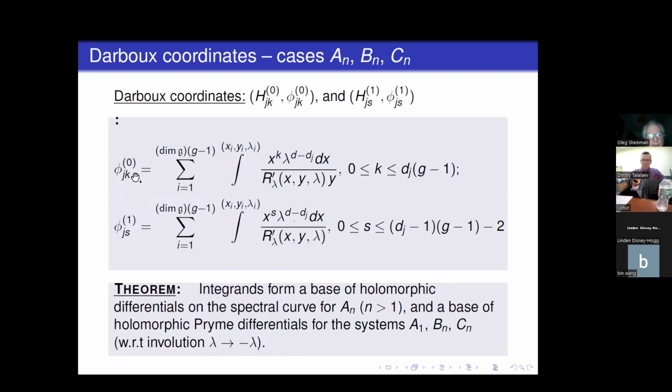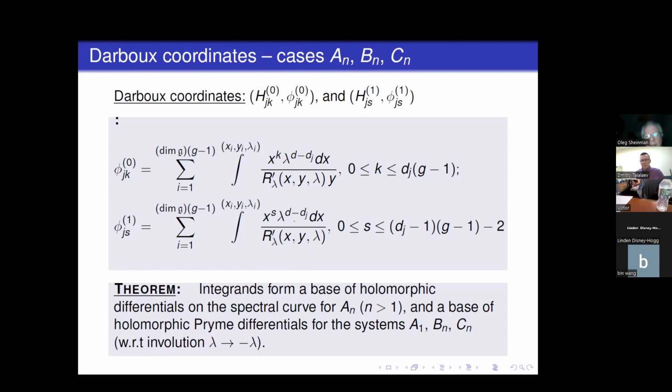So phi's are given by these relations, and integrands of these relations are just all basis holomorphic differentials in case of GL_N, and Prym differentials for orthogonal and symplectic groups.